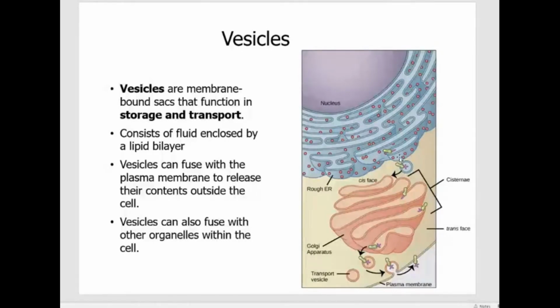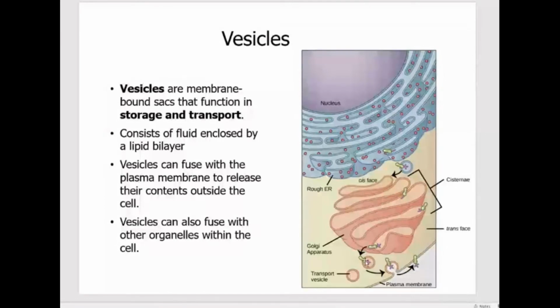You can see that the vesicles bud off from the rough ER and form a vesicle, and it's going to come here to the Golgi apparatus and fuse with the Golgi apparatus. When the molecules are ready to be transported from the Golgi apparatus to other parts of the cell or outside the cell, again, you can see vesicles formed.